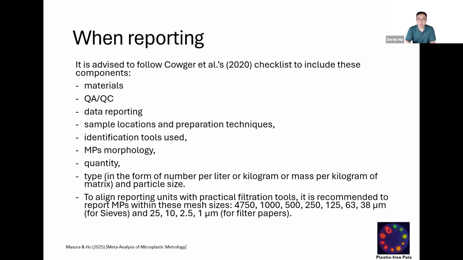If you want to use sieves, use sieves from 4,750 microns all the way to 38 microns, and 25 microns to 1 micron for filter paper.